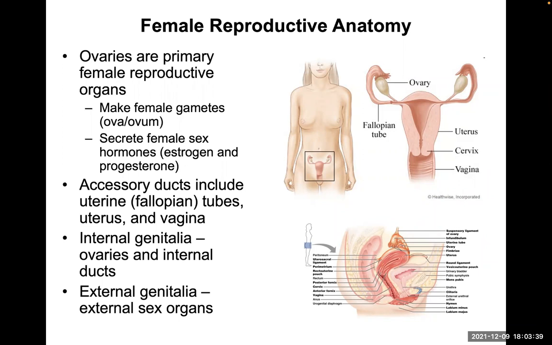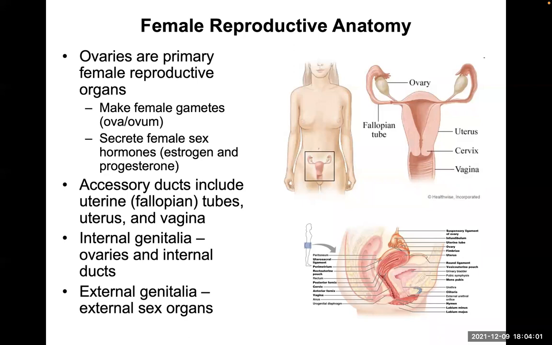Unlike males, a female is born with all of the potential oocytes she'll ever ovulate in her lifetime. That's very different from males, where the gametes, the sperm, are made about every 2 weeks post-pubescently. We'll get into some more details on that as we go forward.